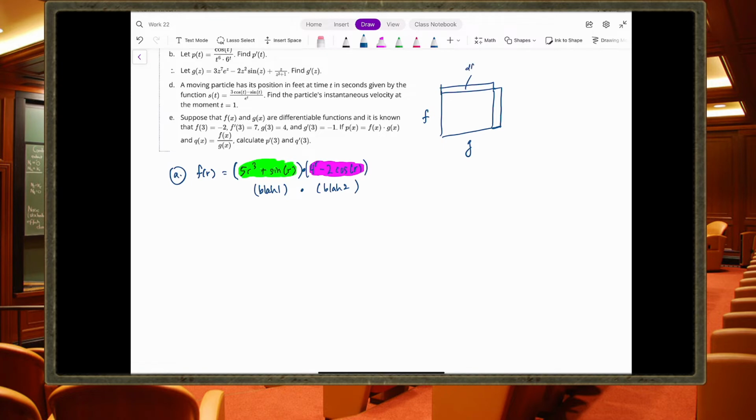That's df times the length of g, and over here, this is dg times f. That's why the total change of this thing includes the derivative of each of them separately. So we get blah 1 prime times blah 2 as it was, plus blah 1 times the derivative of blah 2.